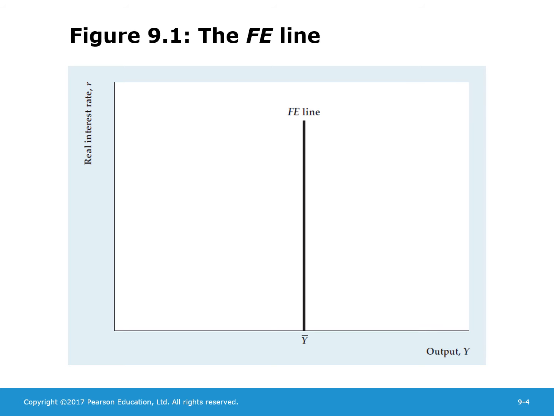The real interest rate has no effect on Y bar, so it's drawn as a vertical line. This vertical line, the FE line, the full employment level of output, represents equilibrium in which market? Equilibrium in the labor market, because when we have equilibrium in the labor market, N is equal to N bar, and hence Y is equal to Y bar.